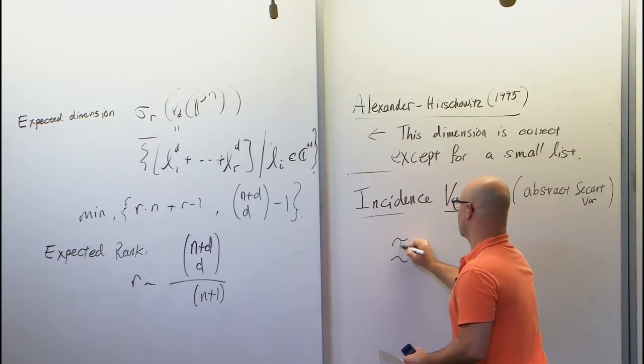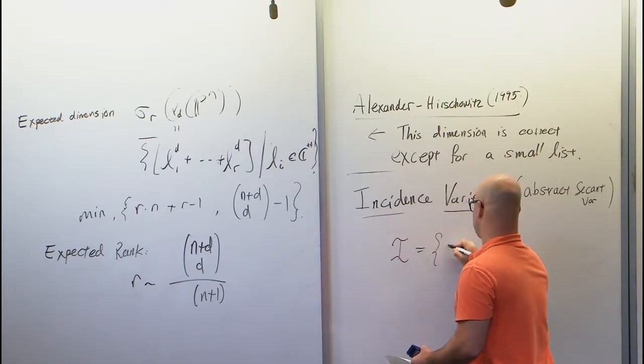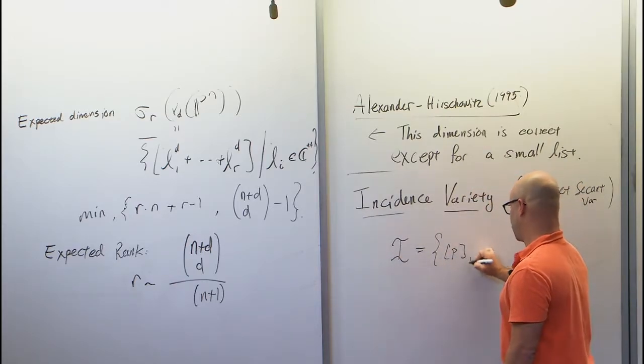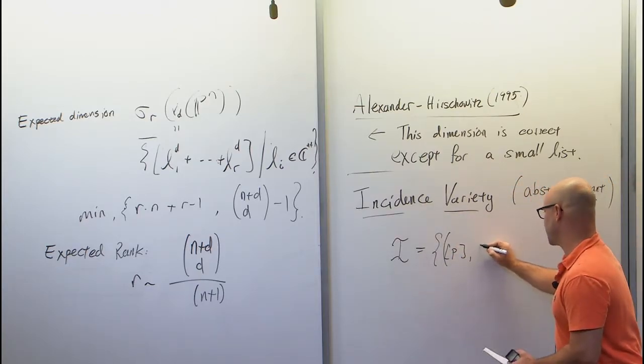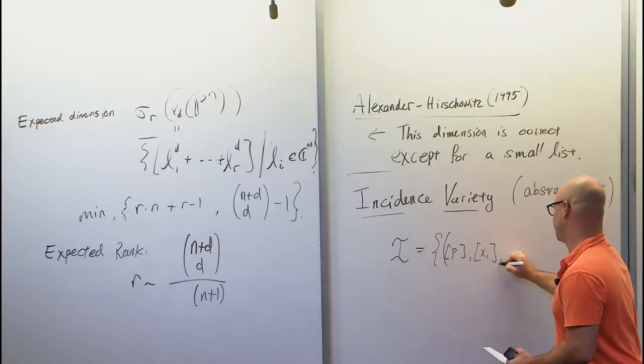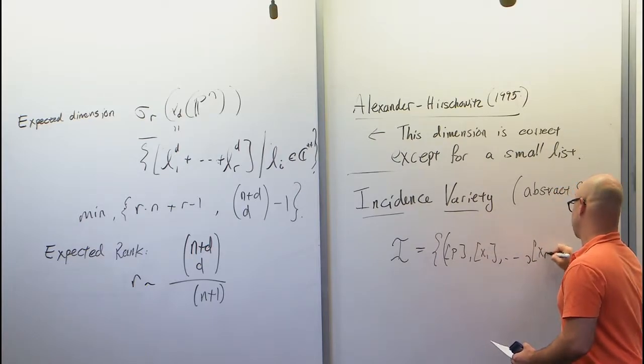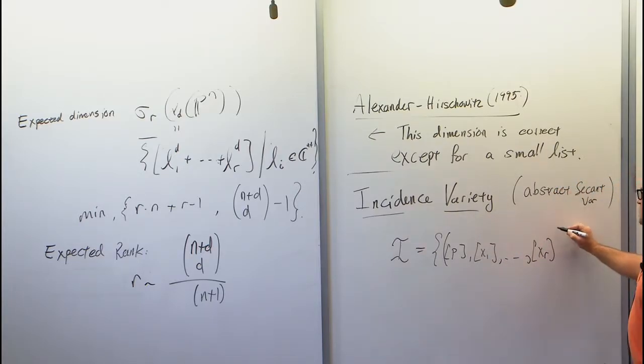It's called by cursive I. It's just the tuples P, x1, ..., x sub r, such that P is in the span of the xi. The angle brackets denote span in this talk.